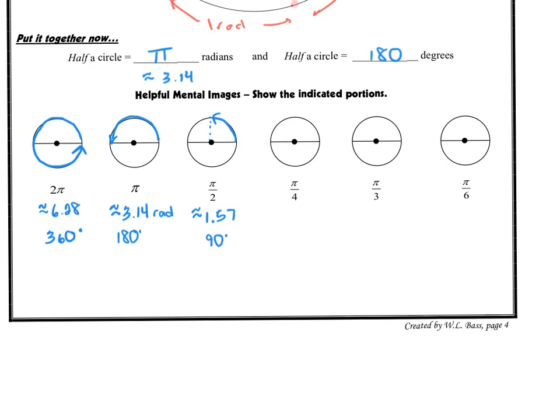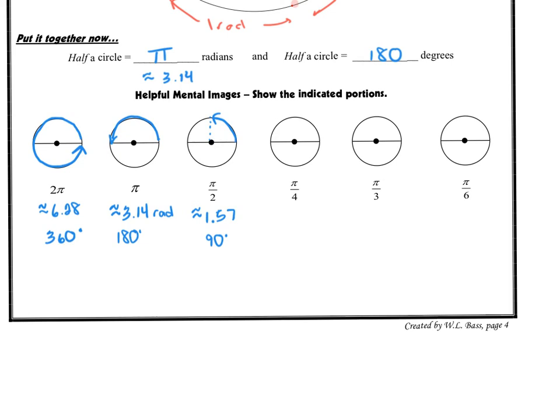Now, instead of having half the circle, we can either think of this next one as the half circle divided into 4 pieces, so the 180 into 4 pieces, or we can think of it as this pi over 2, this one right here, divided by 2.